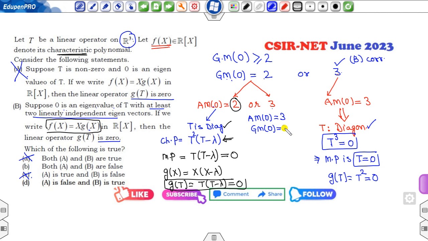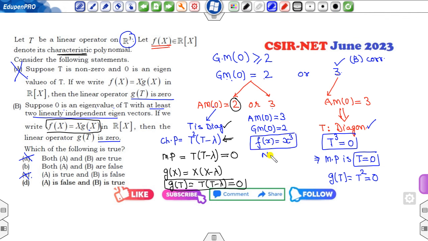Then what can you say about g(T)? Firstly, the characteristic polynomial f(x) will be x cube.